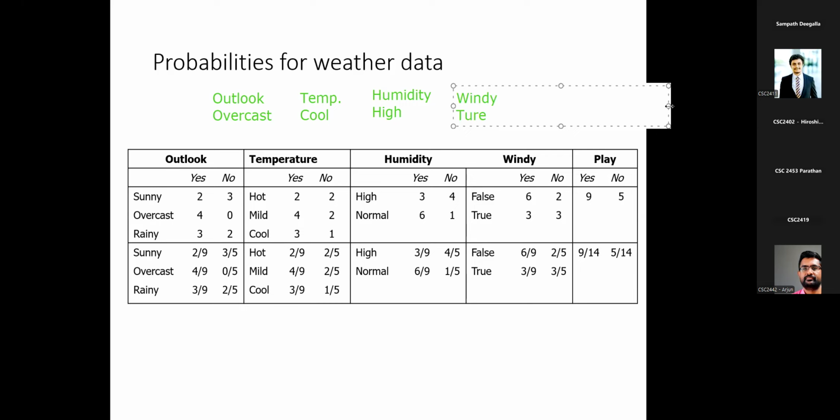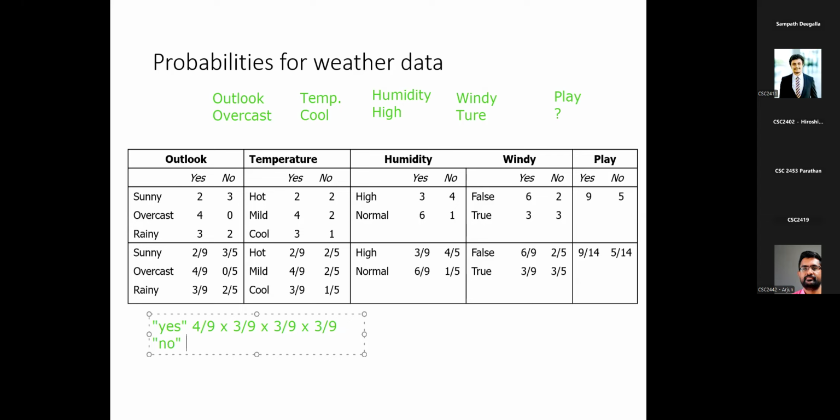The question is, are we going to play or not? Play, we don't know. We need to find out. So what is the likelihood for yes? Outlook is overcast, that is 4 by 9, into temperature cool, that is 3 by 9, into humidity is high, 3 by 9, then windy true, 3 by 9.